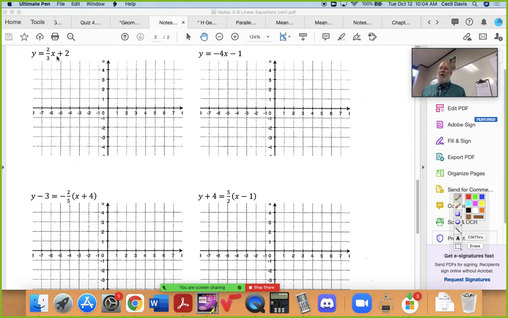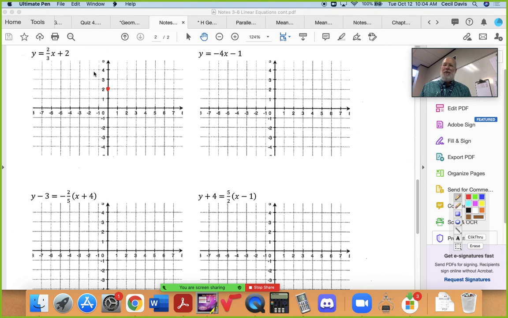So y equals 2/3 x plus 2. Which form is that in? Slope-intercept. So I've got the slope and I've got the y-intercept. Which do I have to do first, the slope or the y-intercept? Yeah, I got to do the y-intercept first. You got to nail down a starting point. So the starting point is going to be (0, 2).